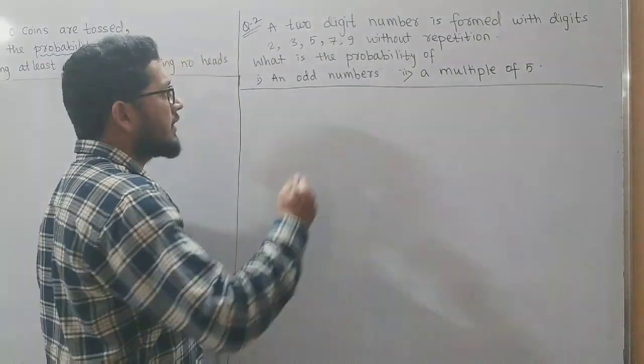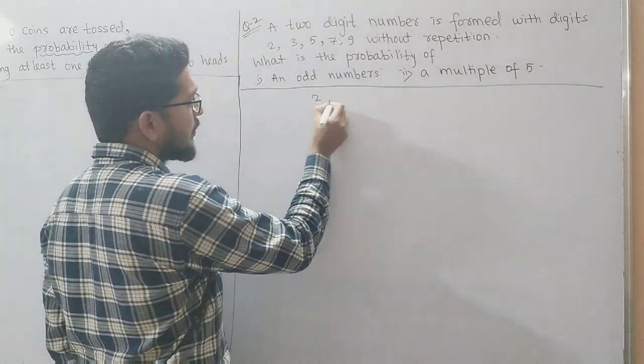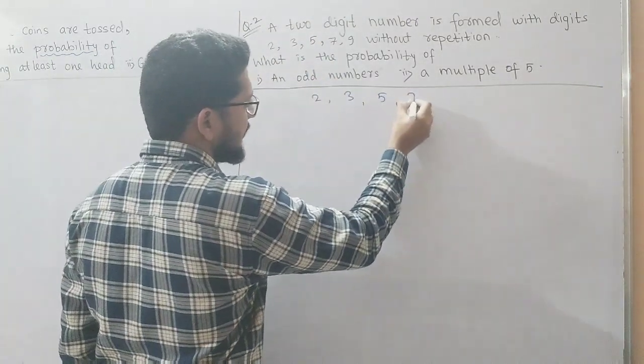So first of all we'll make 2-digit numbers. अभी हमारे पास है 2, 3, 5, 7, 9.